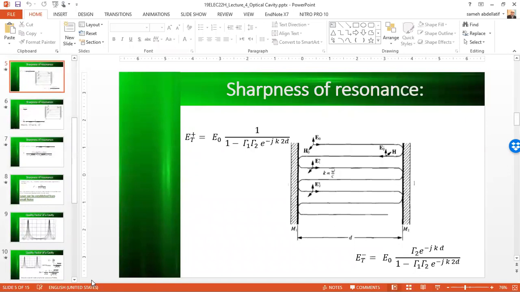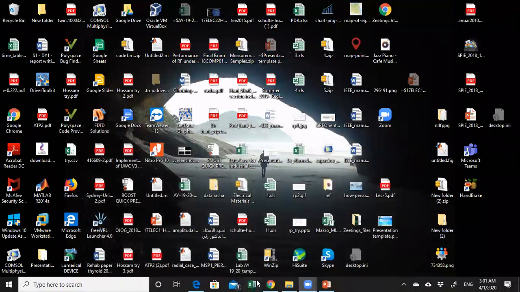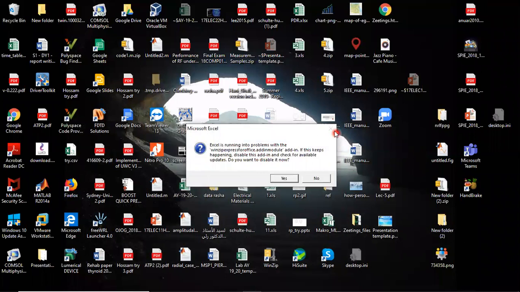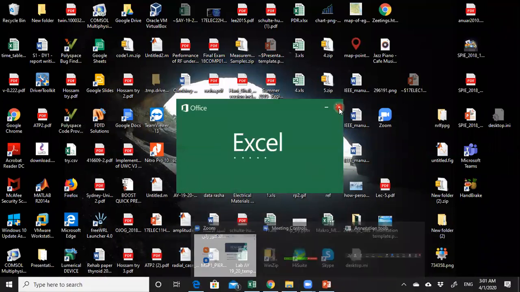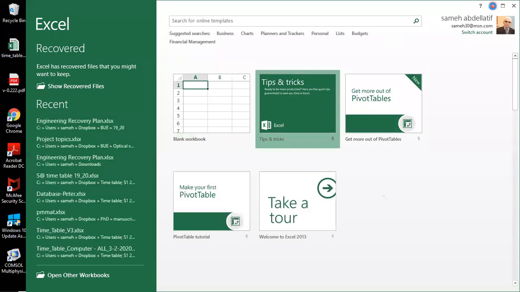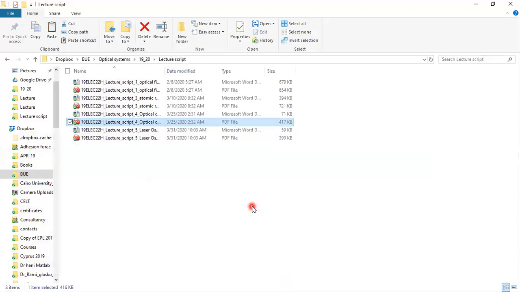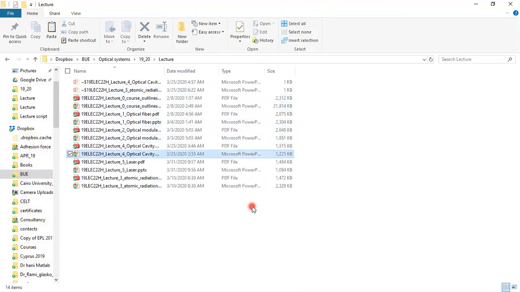Let me try to find the previous lecture. I hope I can find it easily now. I don't need Excel anymore. Here, okay. So I think it's called atomic radiation.